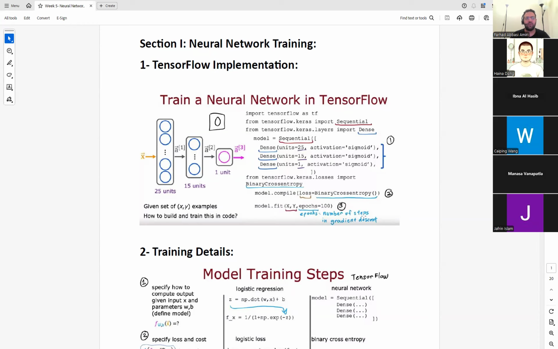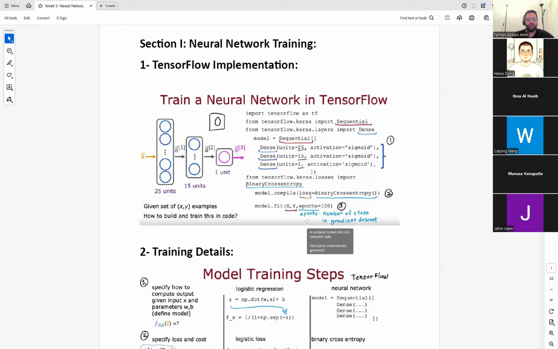Epochs means the number of steps in gradient descent, the number of steps that we allocate to gradient descent to run again and again to optimize the model parameters, to minimize the cost function or loss function, and give us the optimum model parameters.